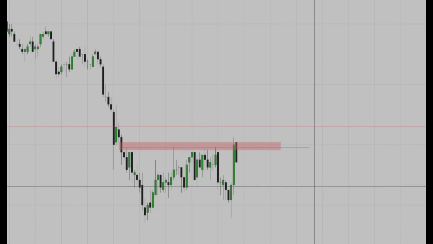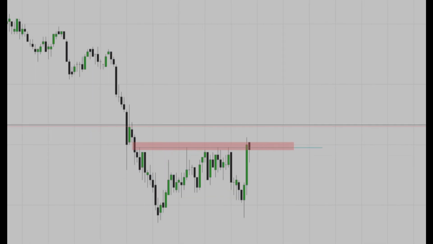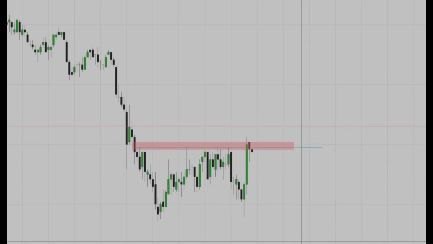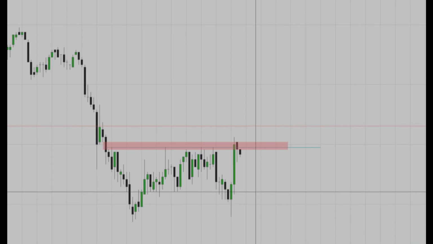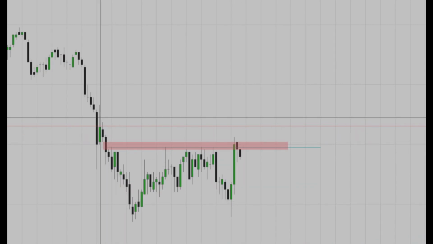The best way I've heard ICT describe it, and I'll probably do a video talking about fair value gaps more in depth, is to think about if you've ever painted walls in your house and used a paint roller.